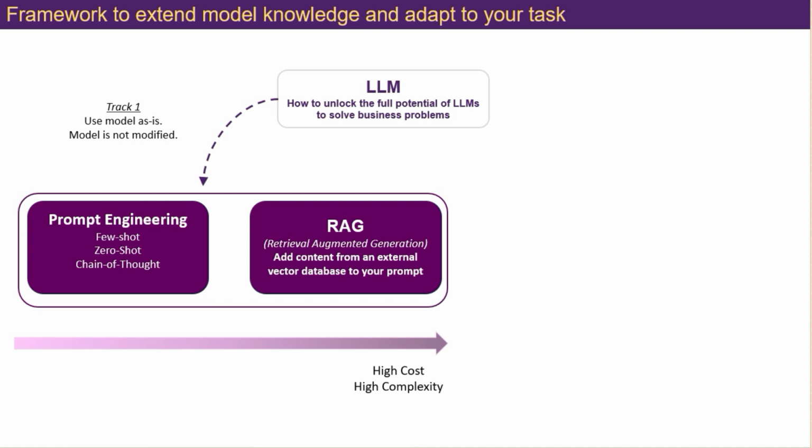So I'll talk more about it, but using vector databases, you can supply the relevant context, add it to the prompt, and give it to the LLM to execute upon it. Now, this is more costly because you have hardware and software stacks to maintain. You have to maintain, update, create a vector database. You need programs to extract your PDFs and your text files, convert them into vector format, store it there, and then retrieve it. So I'll talk more about it, but at a high level, this is track 1.